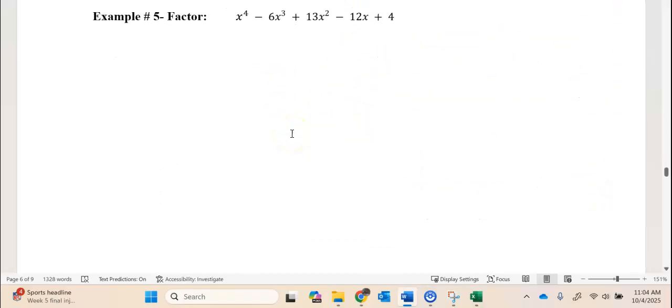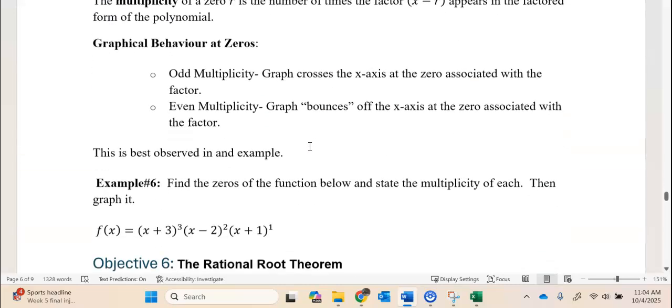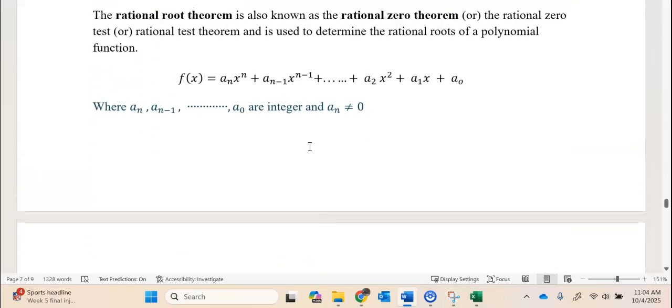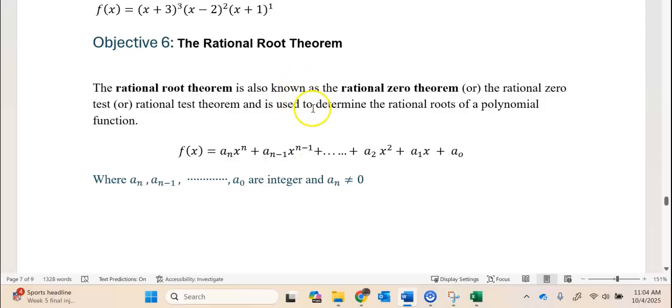All right, how about this one? In this case, I don't give you any hints, right? So we need somewhere to start. So I'm going to jump ahead in my notes and I'll come back, and it's called the rational root theorem.